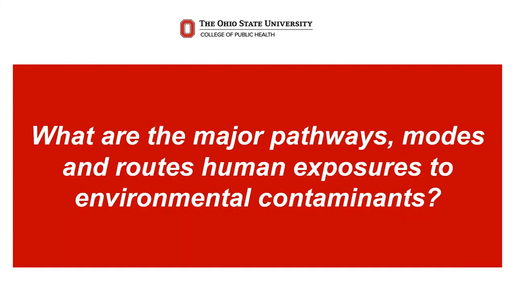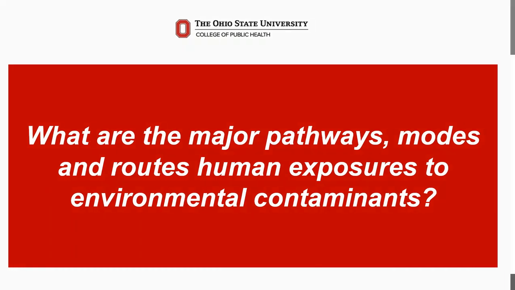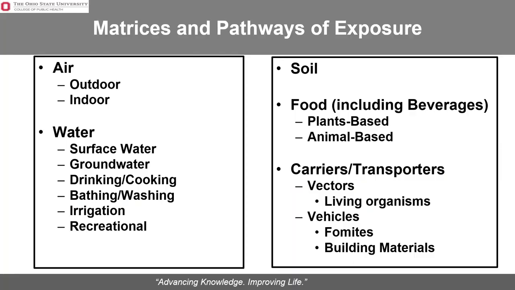So now I'll apply this and we'll talk about the major pathways and modes and routes of human exposures to environmental contaminants. Looking at this with a little more detail, from the perspective of 5 categories of matrices, beginning with air, water, soil, and food, you can see that we have some categories beneath each.